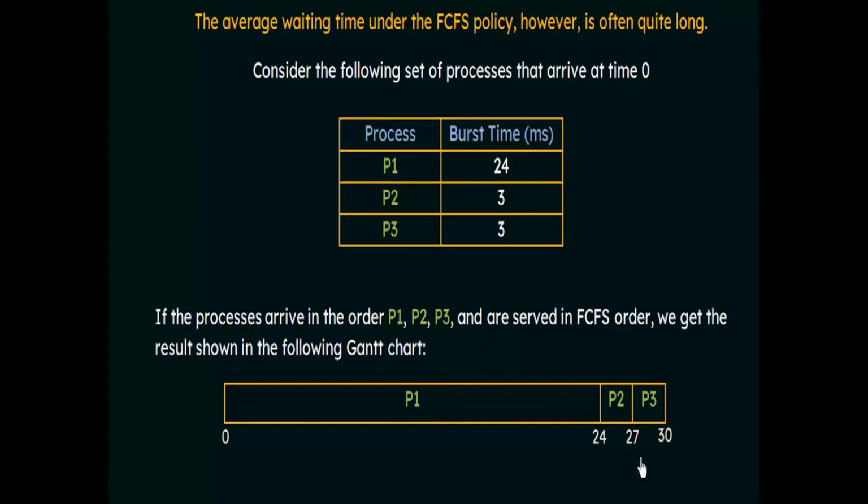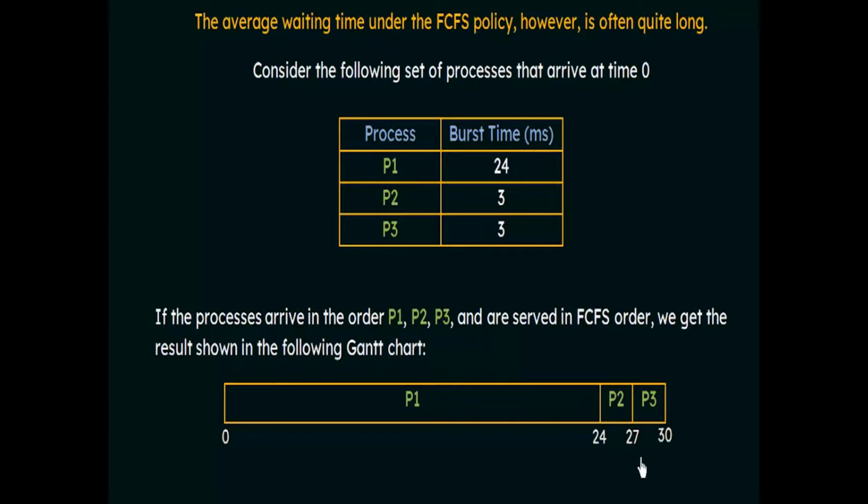Now, if the processes arrive in the order P1 first, then P2, and then P3, and these processes are served in first come first served order, then first of all we need to prepare the Gantt chart so that we can observe the process execution time or the waiting time of each process.